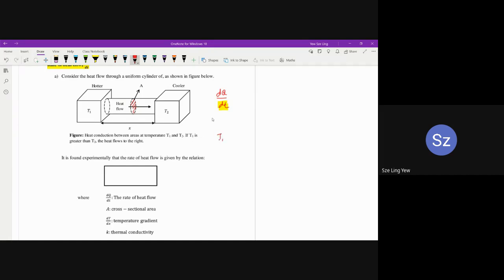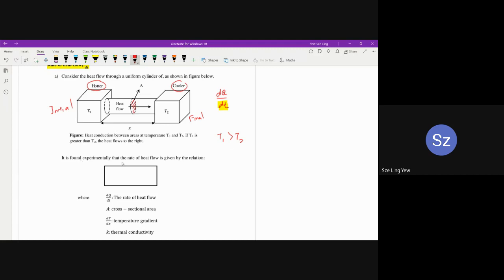So T1 in this diagram is larger than T2, which means T1 is the hotter end and T2 is the cooler end. In other words, T1 is the initial position whereas T2 is the final position. So in calculation, you treat T2 as final and T1 as initial.